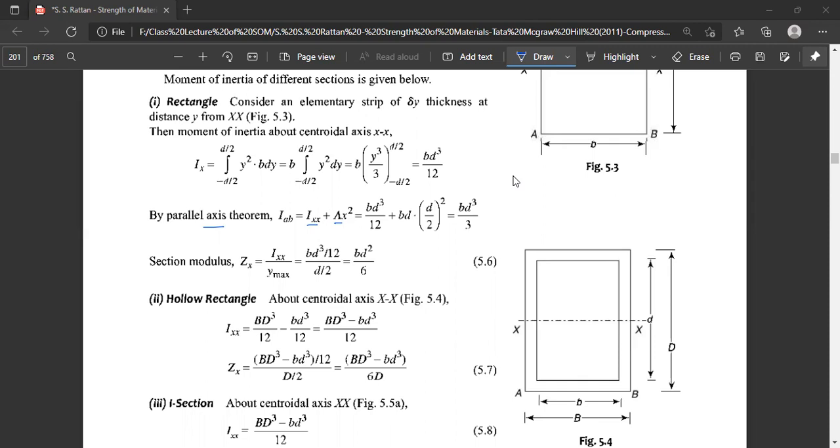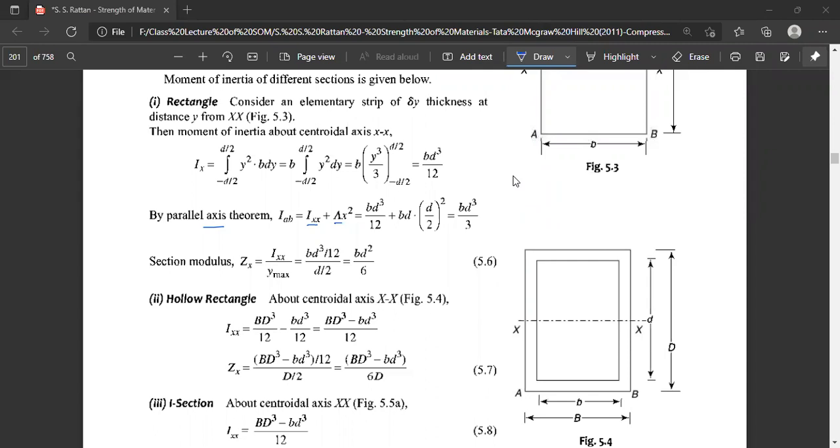So here the difference between these two gives the moment of inertia about the neutral axis, that is, capital B multiplied by capital D to the power cube minus small b multiplied by small d to the power cube, divided by 12.